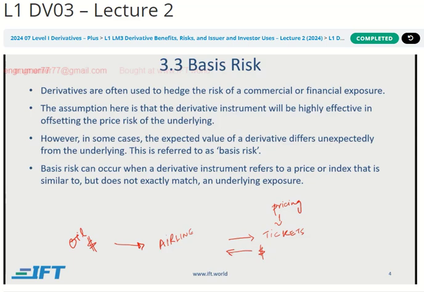So the airline is worried that the oil price might go up, and since they have already locked the pricing and sold the tickets, in order to make sure that they don't lose if the oil price goes up by the time the next season comes, they get into a futures contract to buy oil, right?